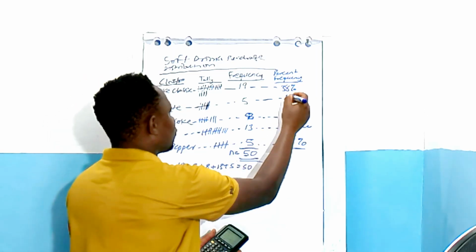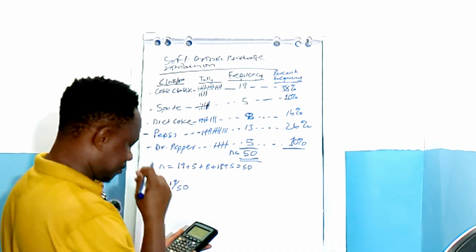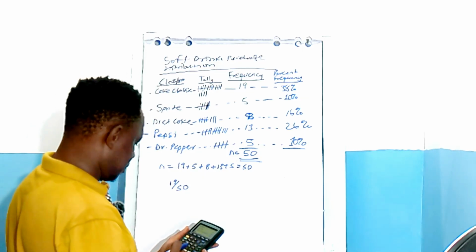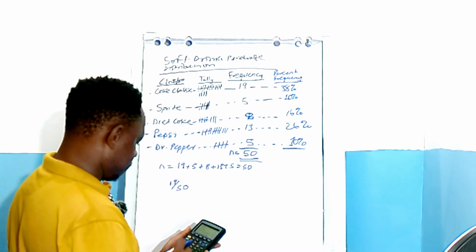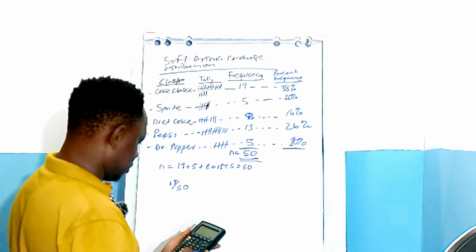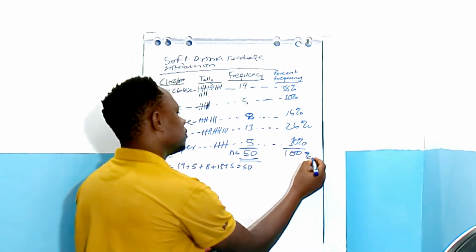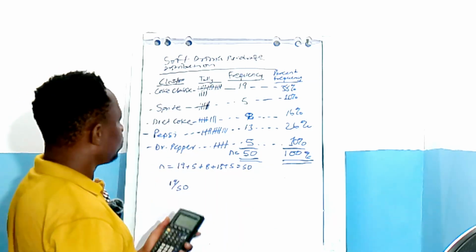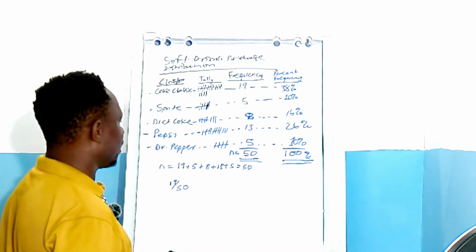So this should actually be 10 and 10, sorry. Now let's go back and say 38 plus 10 plus 16 plus 26 plus 10. Yeah, this gives us 100%. So this is it. This is the frequency distribution table for the soft drink, a categorical variable.